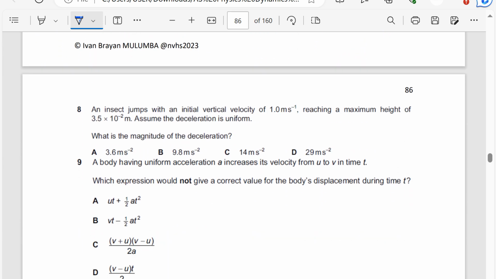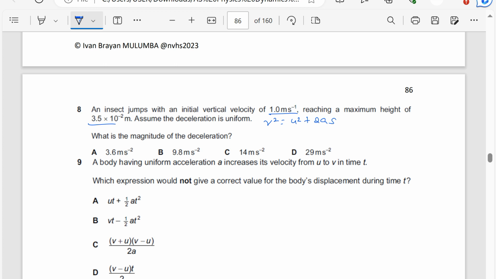An insect jumps with an initial vertical velocity of 1 meter per second, reaching a maximum height of 3.5 times 10 power minus 2 meters. Assume the deceleration is uniform. If the deceleration is uniform, then equations of motion can be used here. So I will use v squared equals u squared plus 2as.